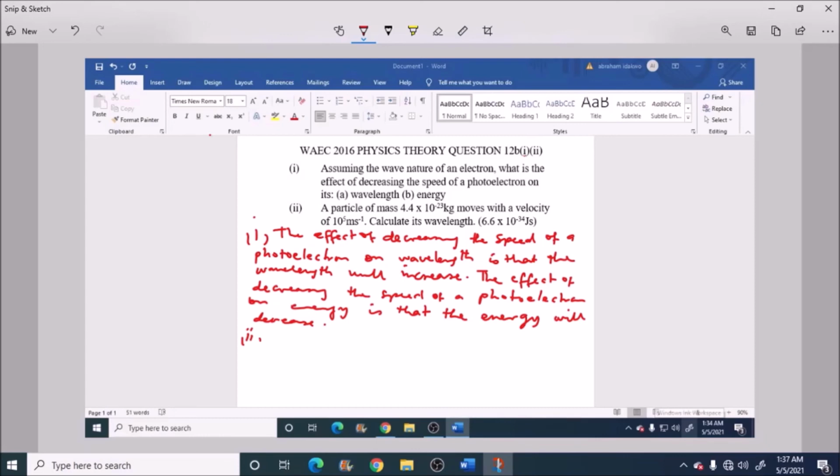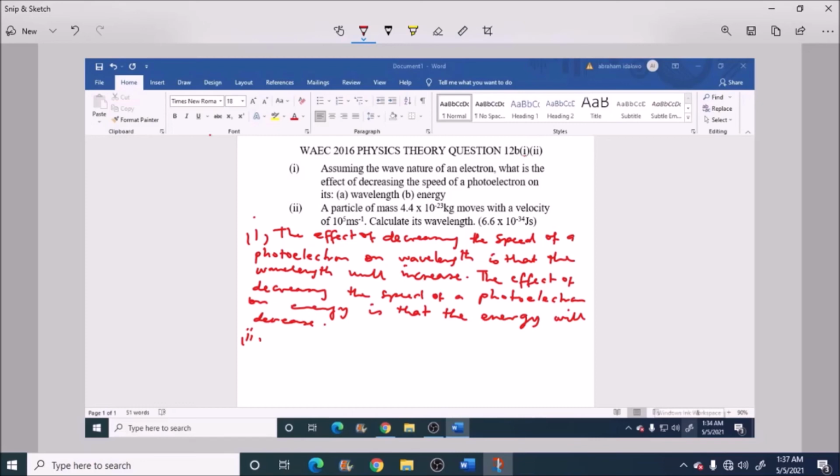given that mass is equal to 4.4 times 10 raised to power minus 23 kg, and then we have the velocity is 10 raised to power 5 meters per second. Now we have to calculate the wavelength.